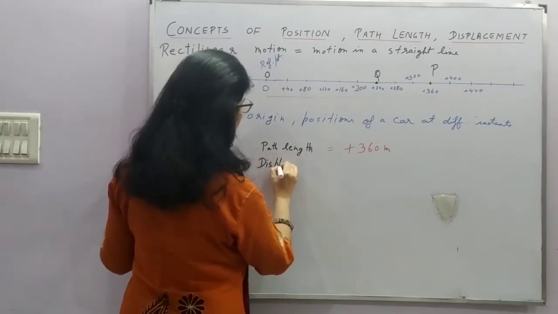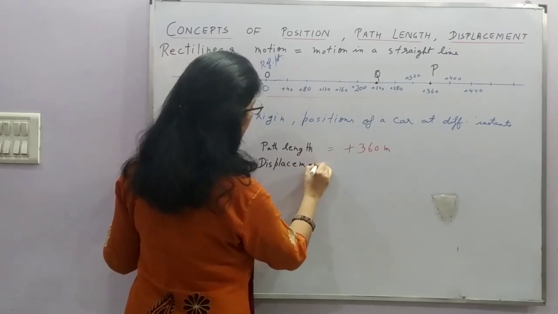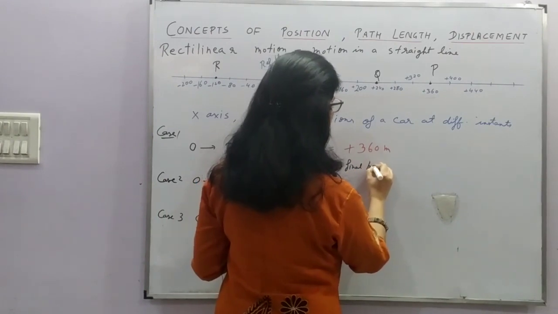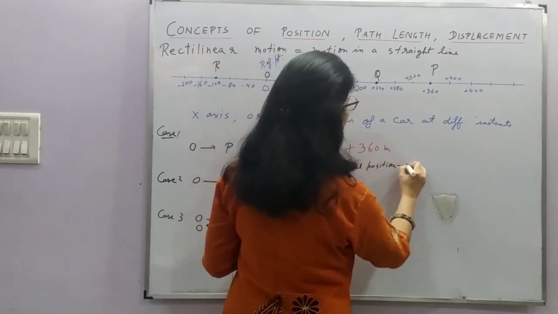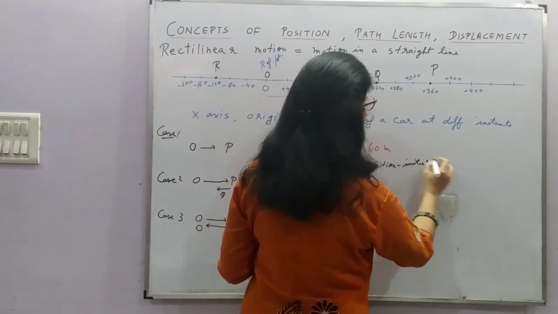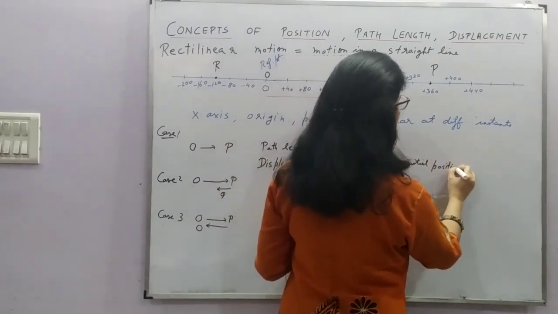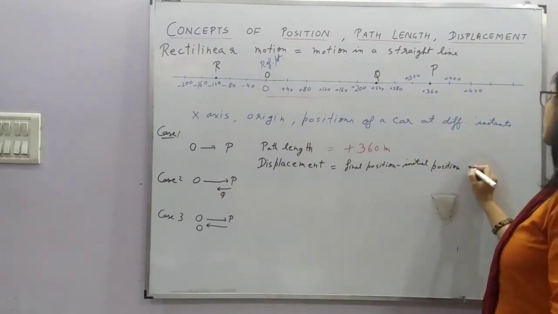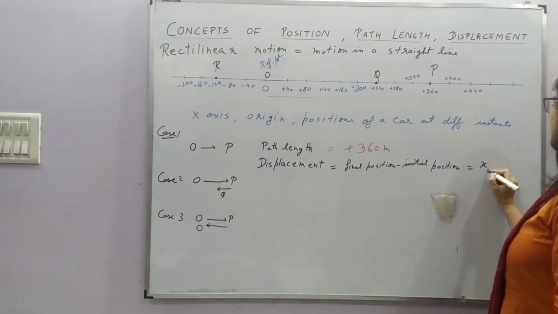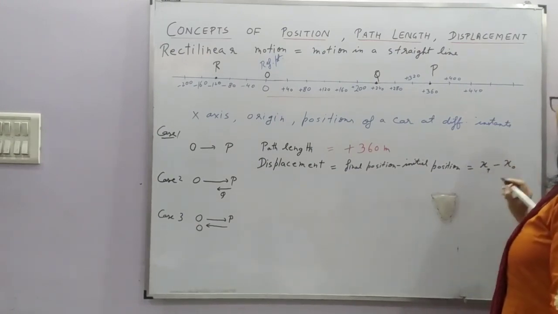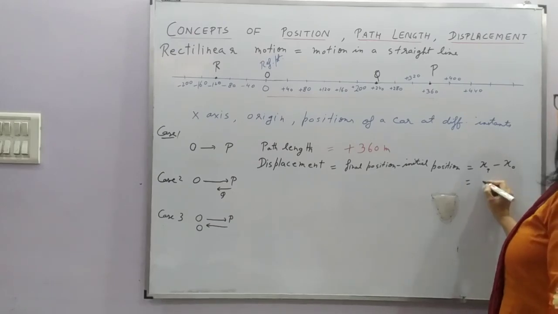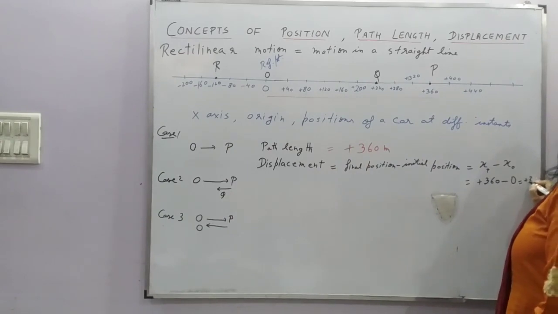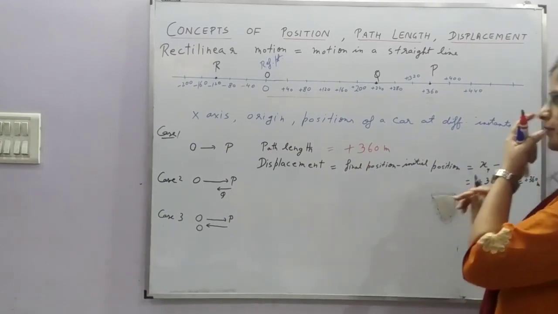And when we are talking about displacement, how do we find the displacement? We have studied this in 9th standard. This gives us final position minus initial position. So if we have to find the displacement from O to P, you can say the position at P minus position at O, and this gives us 360 minus 0, which is plus 360 meters, right?